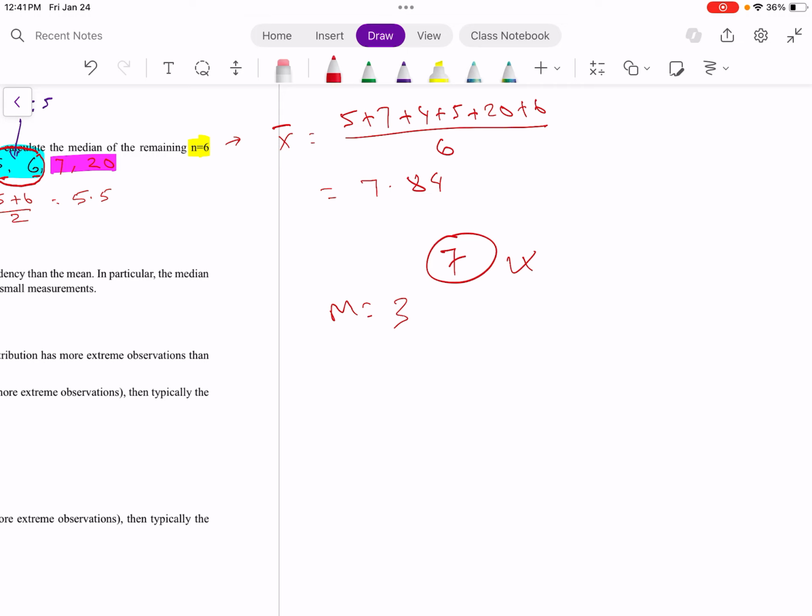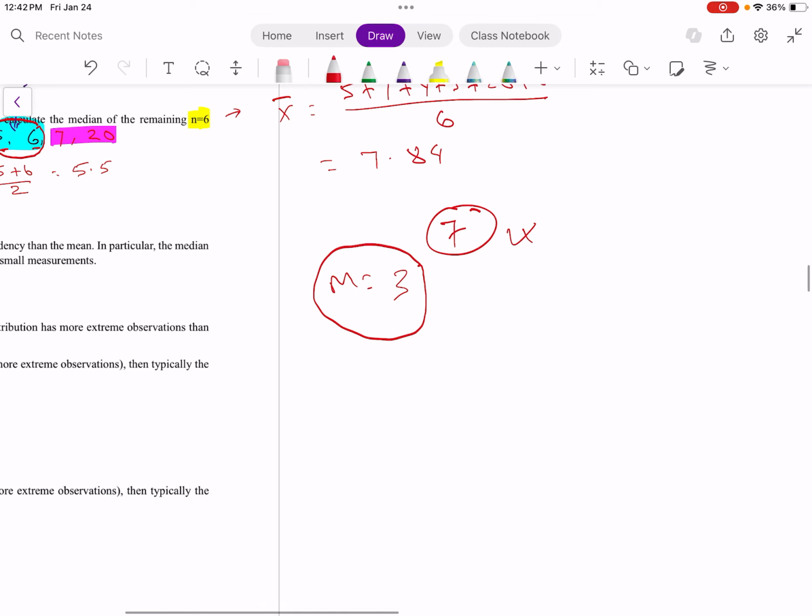So what is the very first thing when the median 3 is given to you? It's in the middle, right? So we must have an equal number of measurements on the left of 3 and on the right, less than 3 and greater than 3. And we need 7, right? So let's consider we have 3 here.